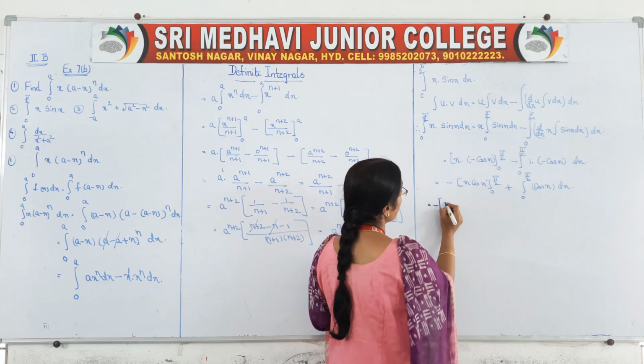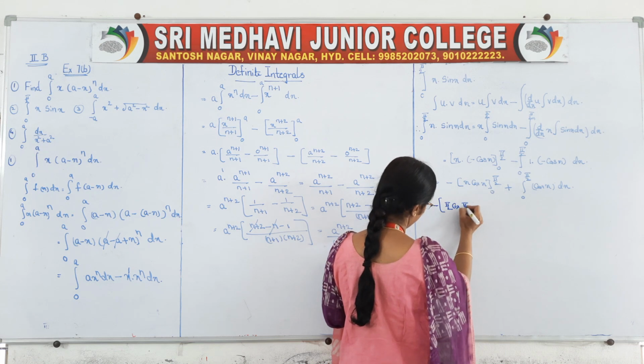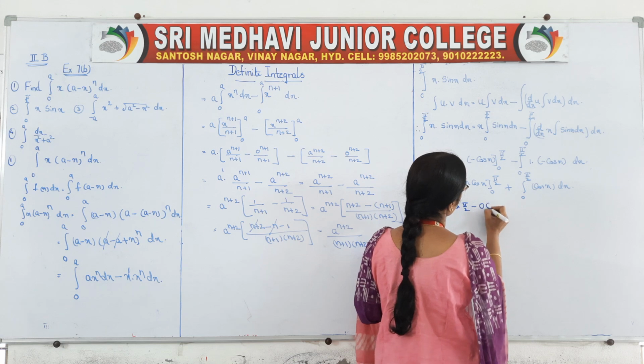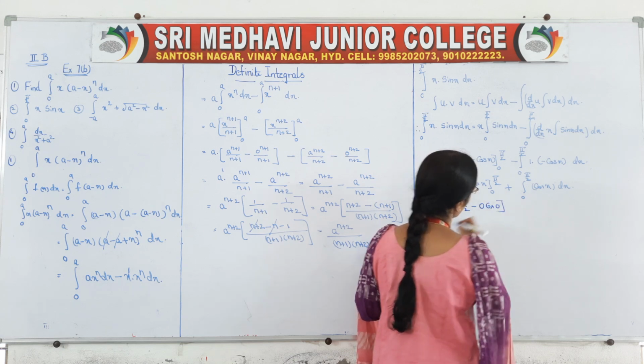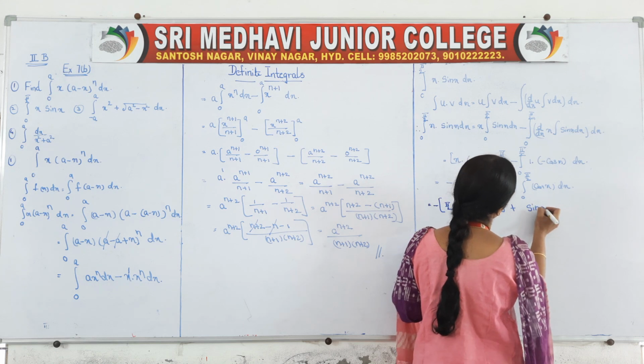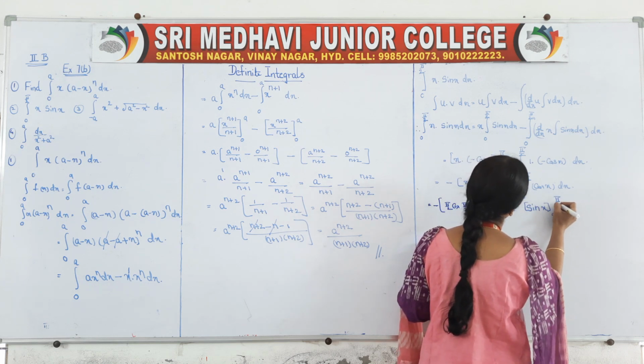Now, minus of pi by 2 cos of pi by 2, minus the lower limit 0 into cos 0, plus sin x, since the integral of cos x is sin x, from 0 to pi by 2.